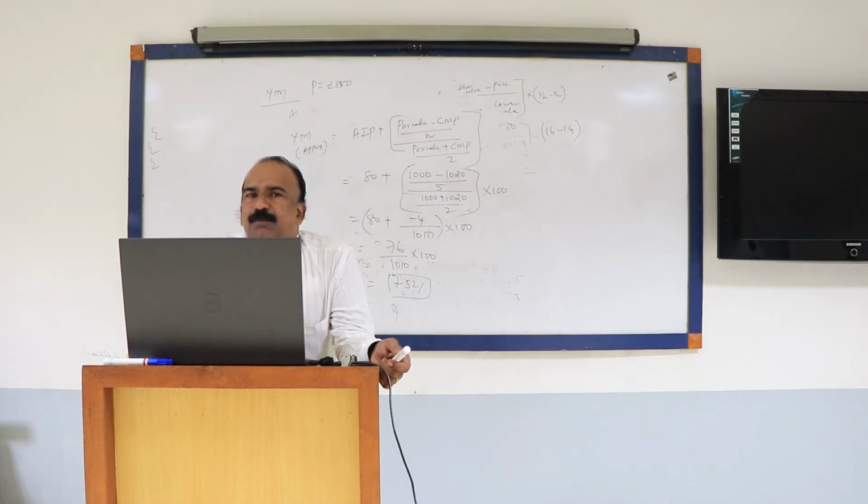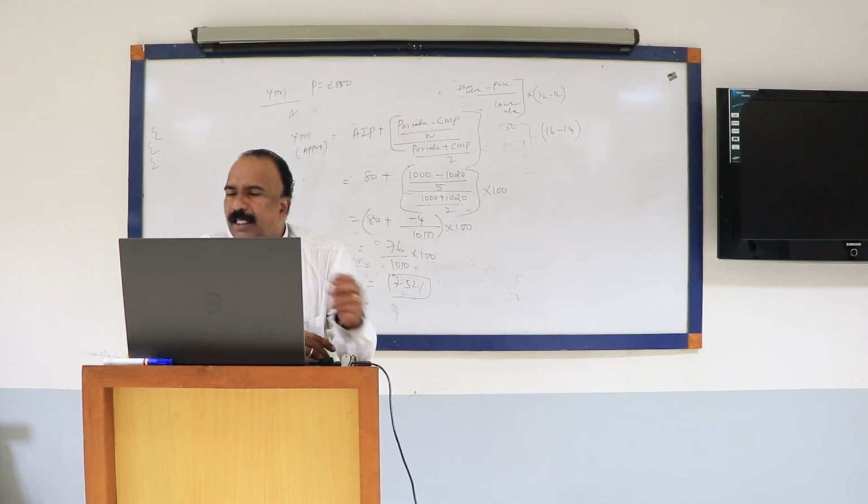But here, as per this equation, 60% weightage is given for the price and 40% weightage is given for the par value. In our equation we are given equal weightage, but here they are given 0.6, multiplied with 0.6 plus 0.4 into 1000, because they are giving a little higher weightage for the price.